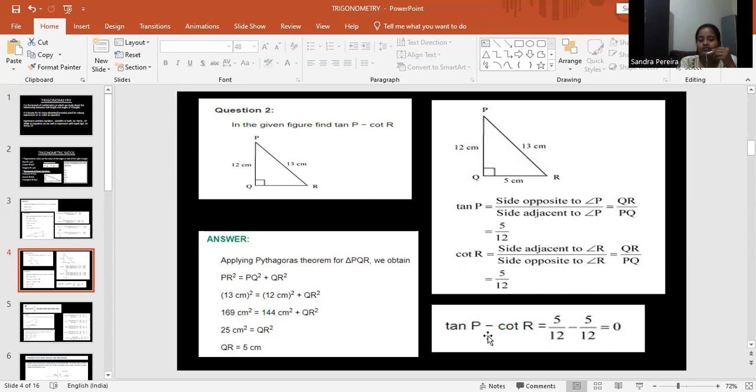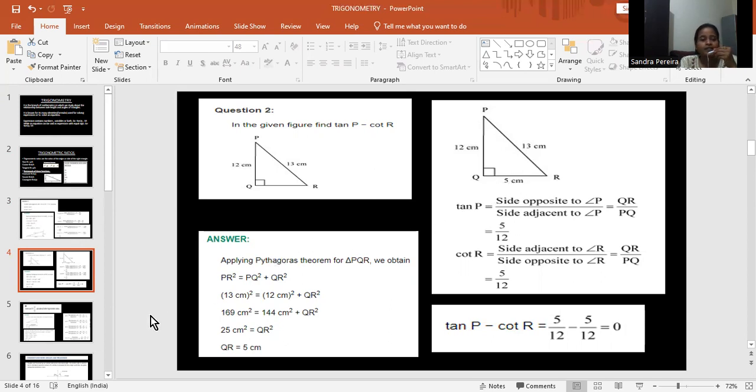How to solve these expressions, and using the Pythagoras theorem, which side we will take as perpendicular, is always considered with respect to the angle: the opposite side is perpendicular, the adjacent side is base. That is the main thing.